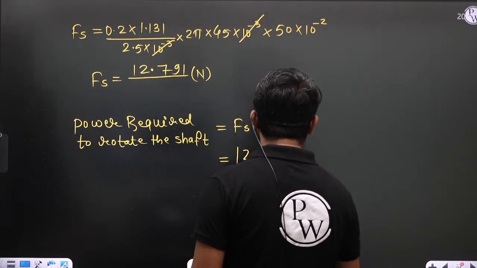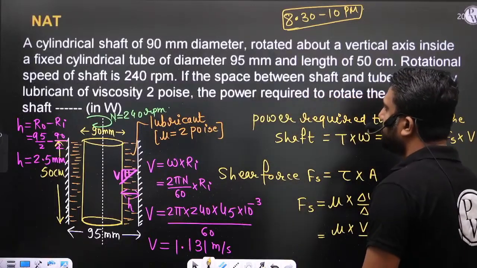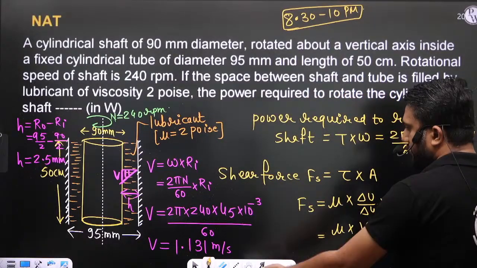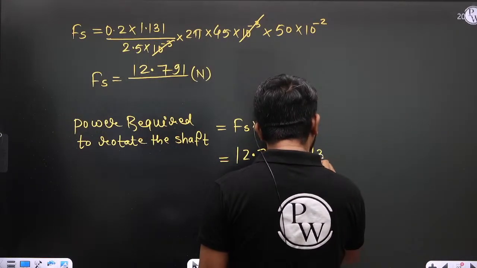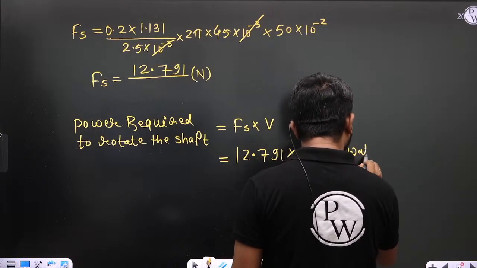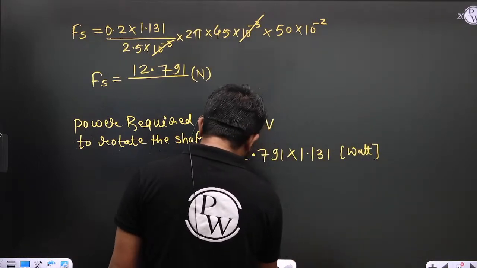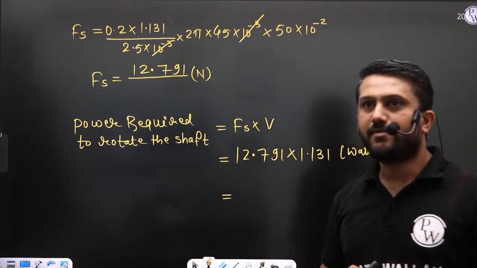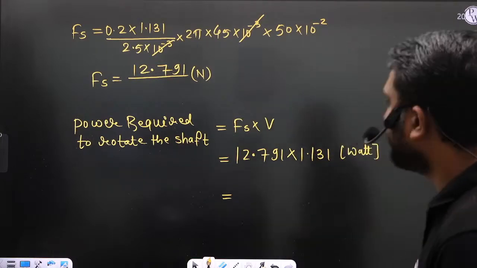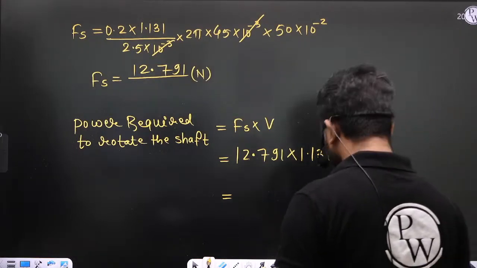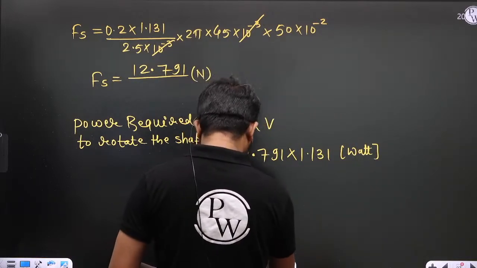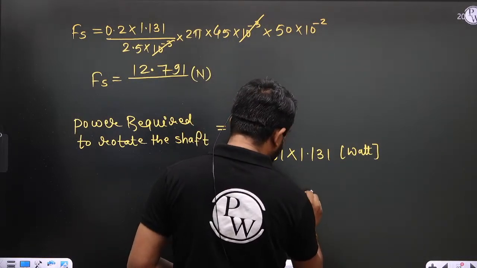So shear force is 12.791 into velocity. That velocity of the shaft is 240 rpm, or no, 1.131 meter per second. Tangential velocity is required, and this comes in watt. So tell me what is the power? 12.791 into 1.131, so this comes 14.466 watts.